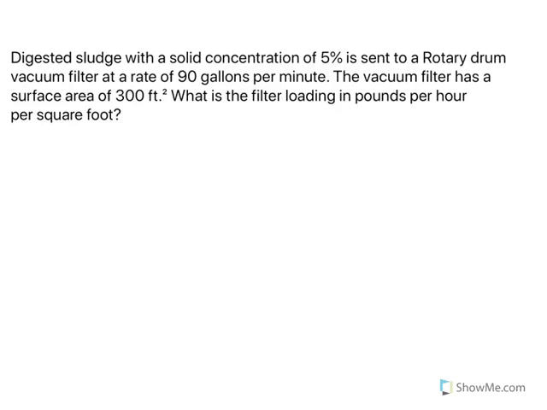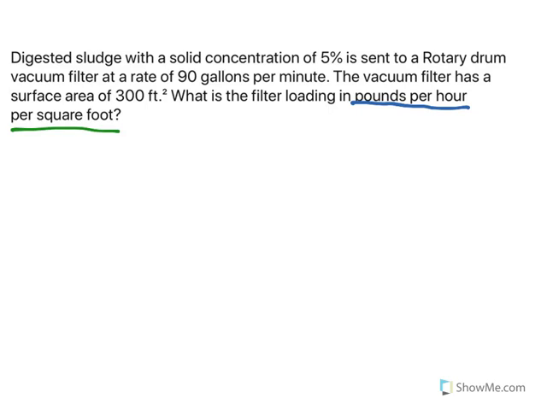Okay, this problem is an example similar to problem number 3 in the Chapter 11 Solids Management Math. The question is asking for a filter loading rate in pounds per hour per square foot.